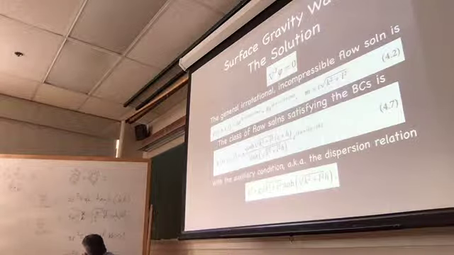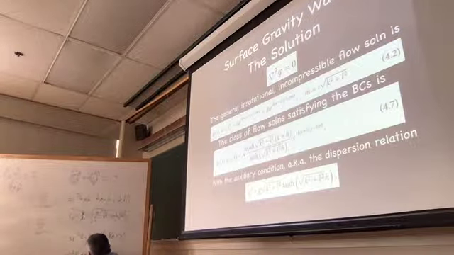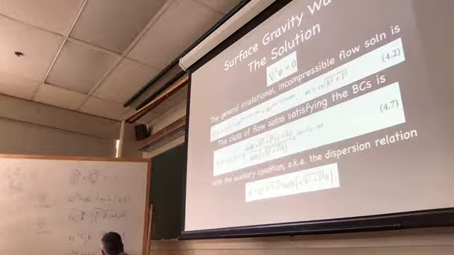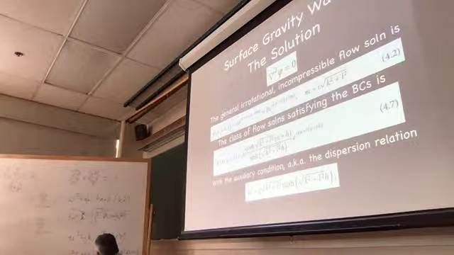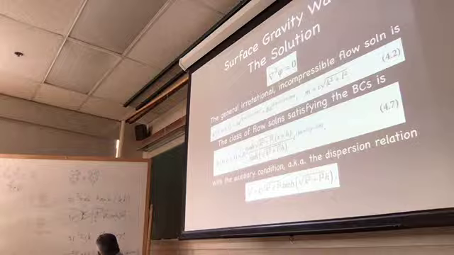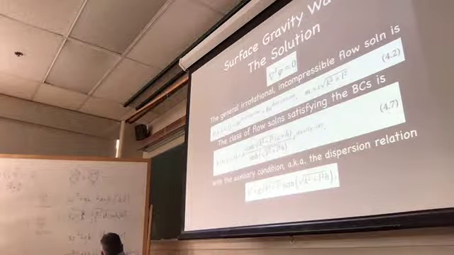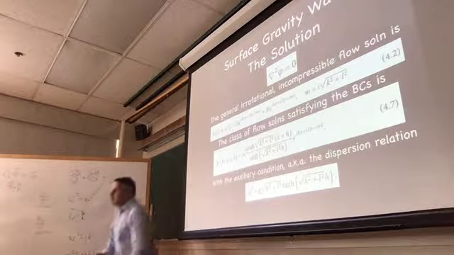Then we get g k times k h, if k h is less than 1, which is equal to k squared times c naught squared, where c naught is equal to the square root of g times h.